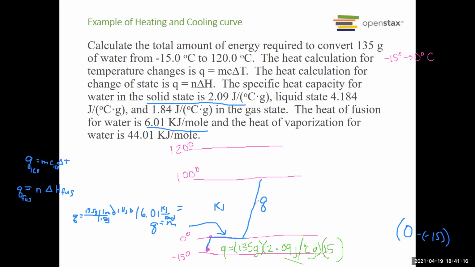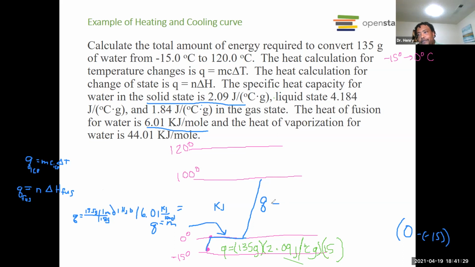Q is going to equal to what? What did I do for going from a block of ice to the point where I transition? MC delta T. So I'm going to use MC delta T, right? Okay, so in this case, I'm still using the same value for my M, which is 135.